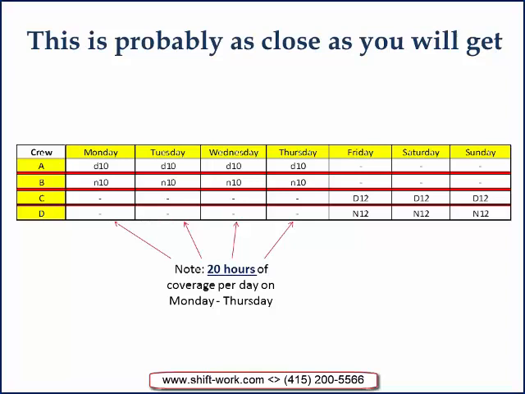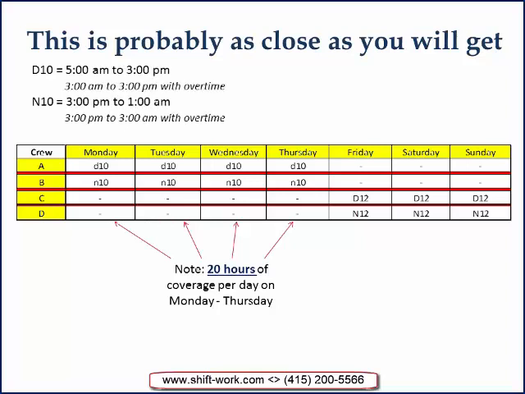Some companies like this. And the reason they like this is that they can do training for 4 hours every day, at least for 4 days a week. Or maybe they have maintenance that needs to be done during those 4 hours. Also, they can expand those 10-hour shifts into 12-hour shifts to get better coverage. For example, if the day shift goes from 5 a.m. to 3 p.m., then you can expand it to go from 3 a.m. to 3 p.m., and that gives you 12 hours of coverage.